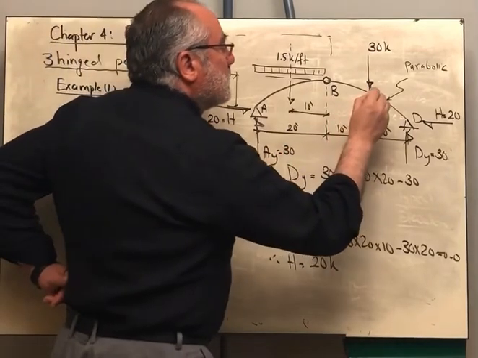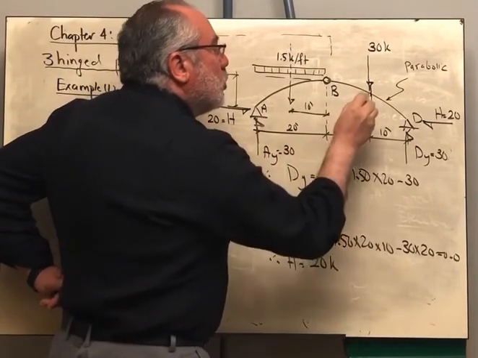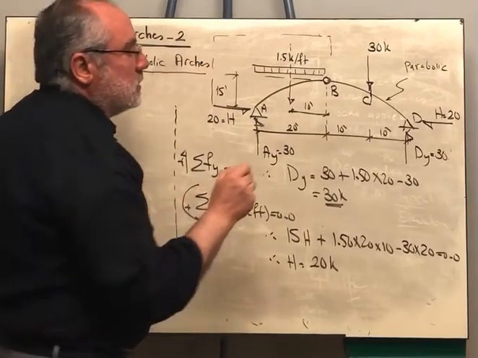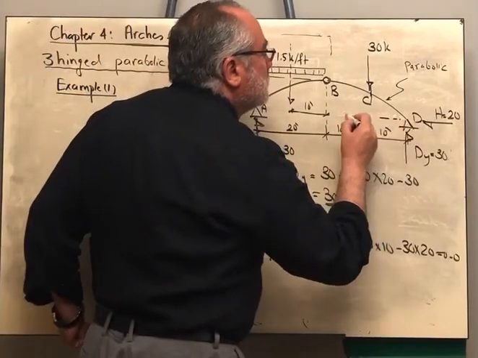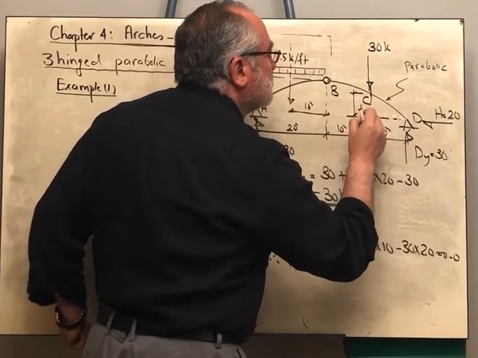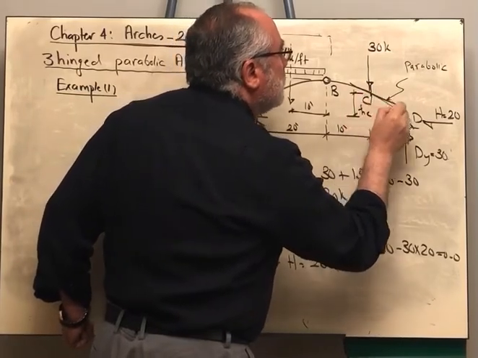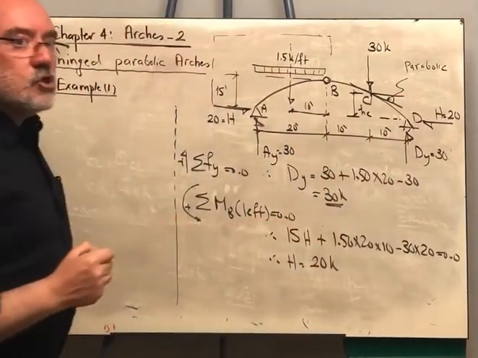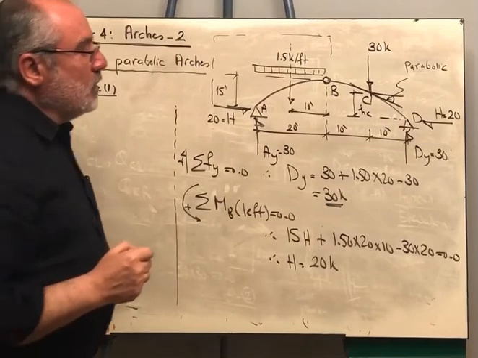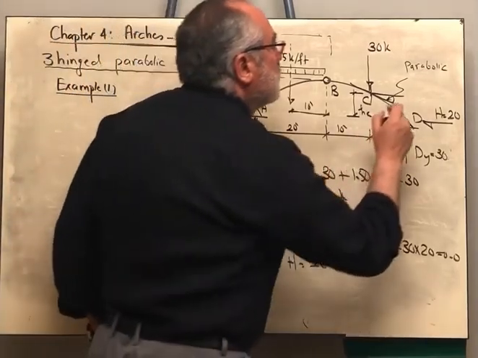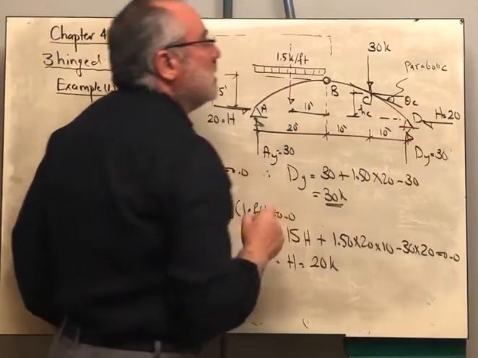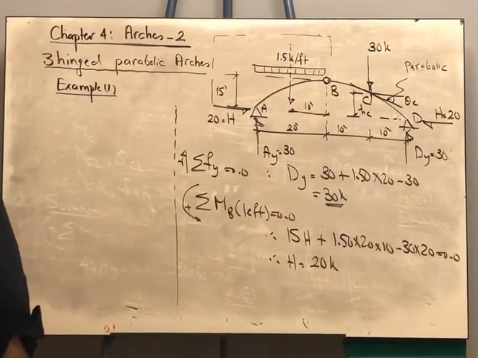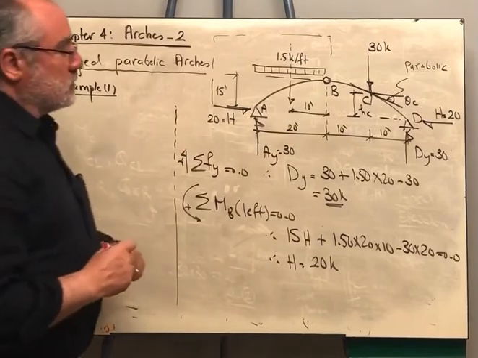Whenever you want to get the moment at this point or the shear and the normal force, you need to know two things. You need to know this value, HC, and you need to know the equation or the angle between the tangent to the arch and the horizontal, which is theta C. How can we get these values? That's very important. This is the new thing about the arches.